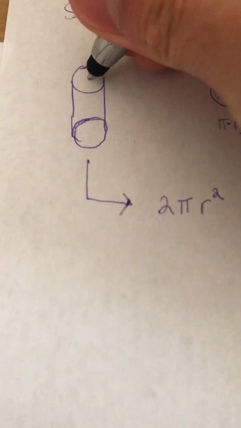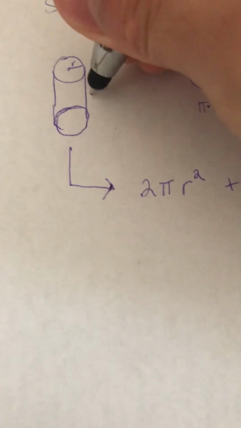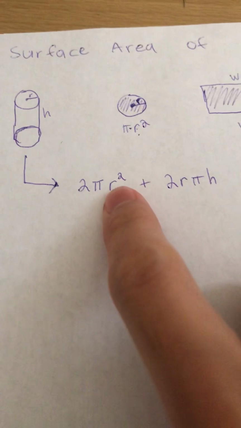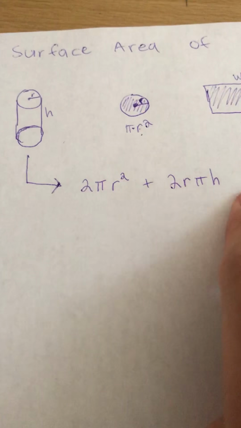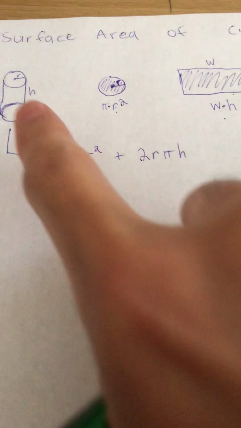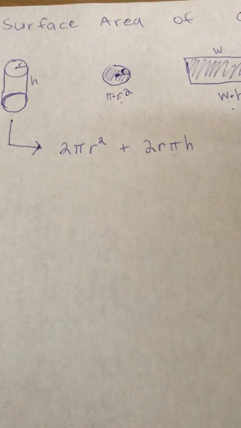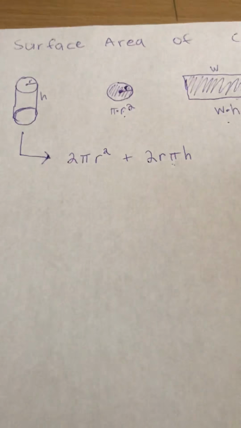So usually for a problem with a cylinder, you're going to be given the radius and the height, and that's what you're going to plug into this formula. 2 pi r squared plus 2r pi h. And remember, pi is just a symbol that represents 3.14, which you can find on your calculator.